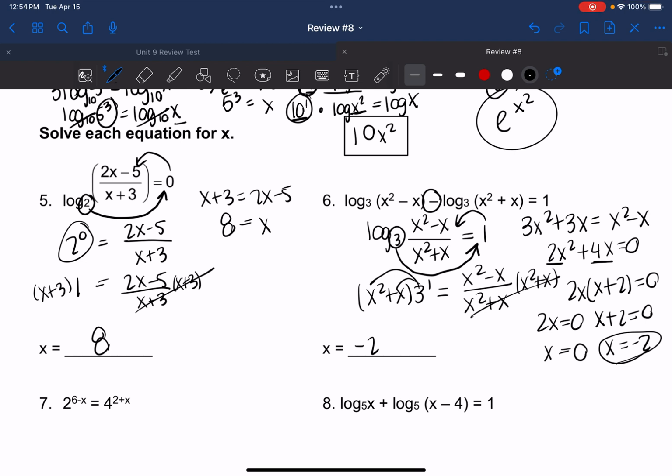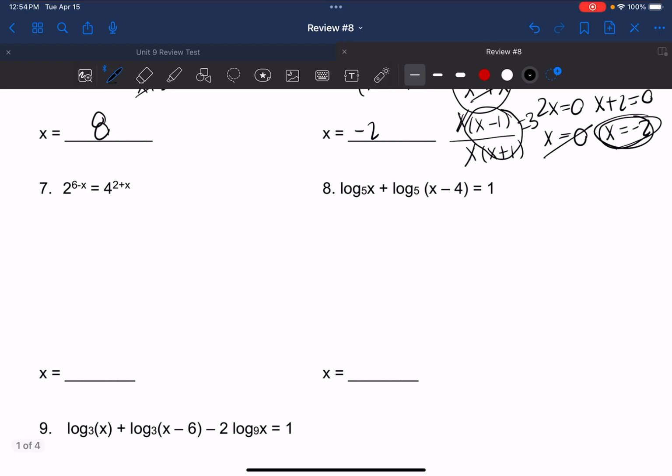You also could simplify earlier in the equation, so here I could have taken out x from both. Our x's would divide out, and then I would actually have only had to set this equal to 3, which would only give me the negative 2.